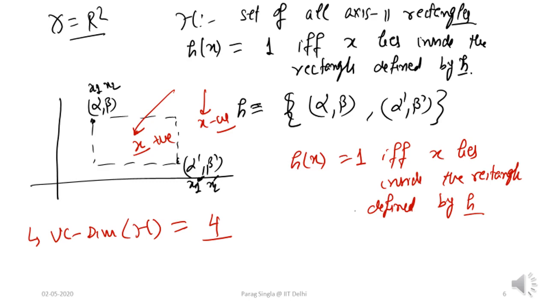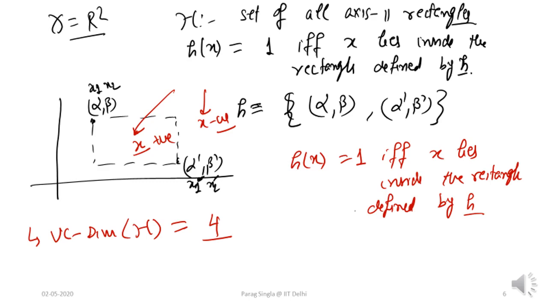So consider again the instance space being R2, a two-dimensional Euclidean space, and let's say your hypothesis class is simply the set of all axis parallel rectangles. So all rectangles whose sides are parallel to the x or y axis, or the x1 and x2 axis, where we use x1 for one dimension and x2 for the second dimension.